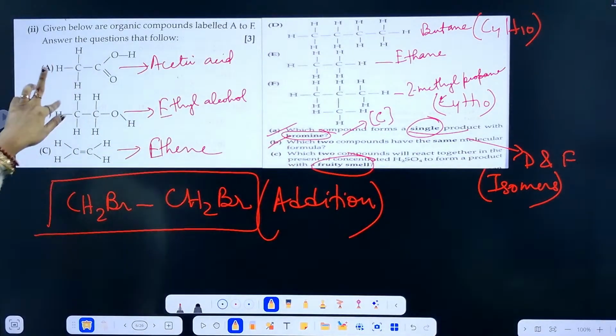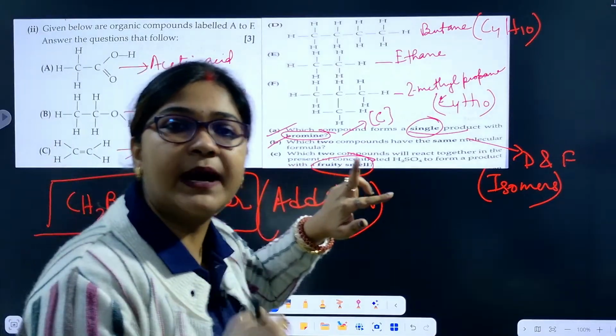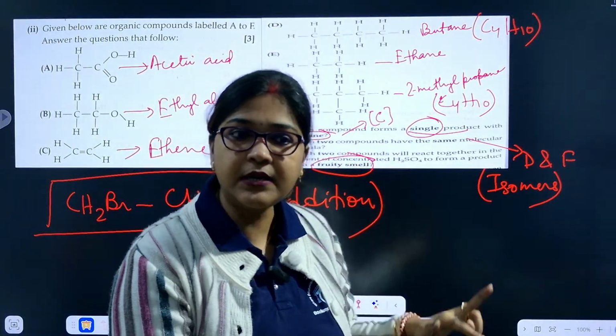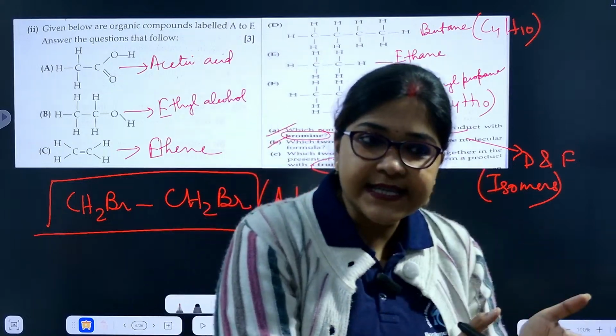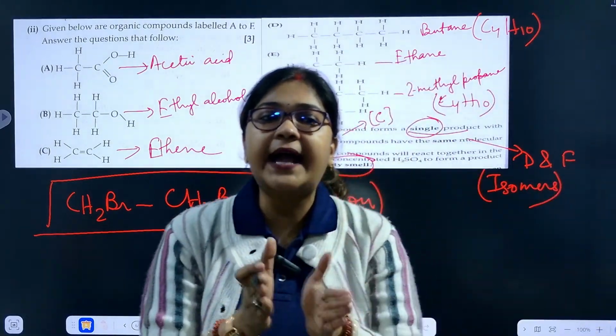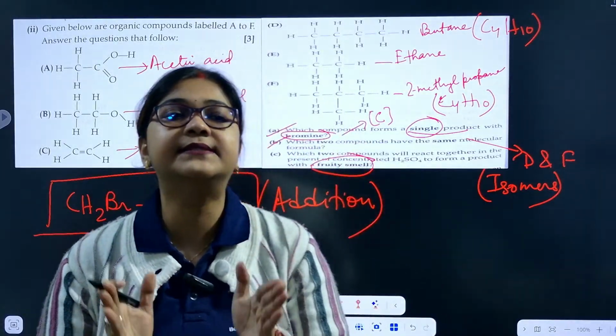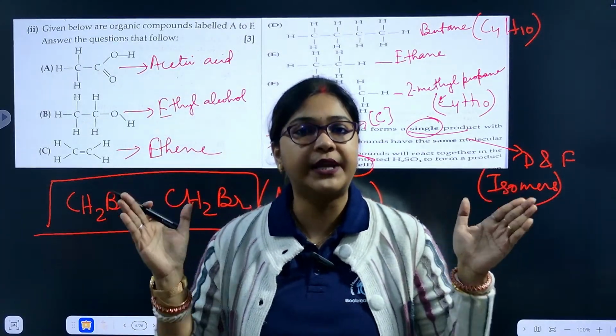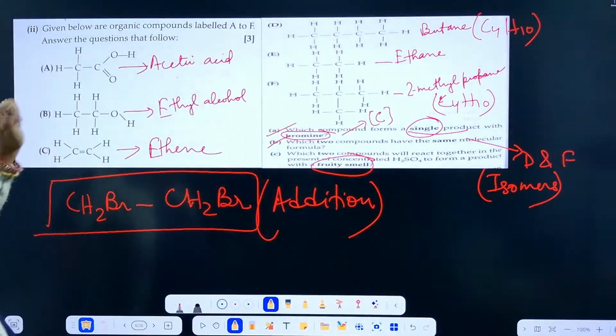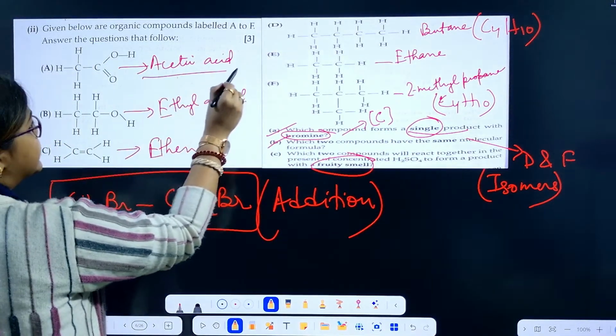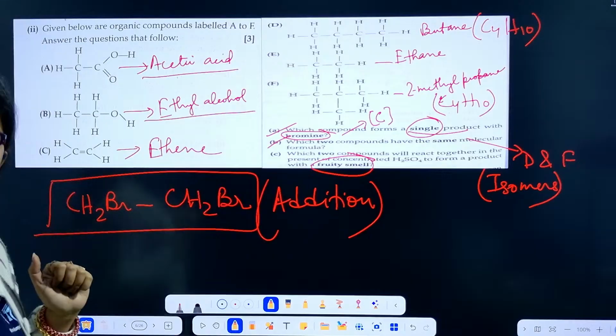That means here, which two compounds will react among themselves to generate an ester? We know that carboxylic acid reacts with alcohols to generate esters in the presence of concentrated sulfuric acid. So here the acid is acetic acid, and the alcohol is ethyl alcohol.